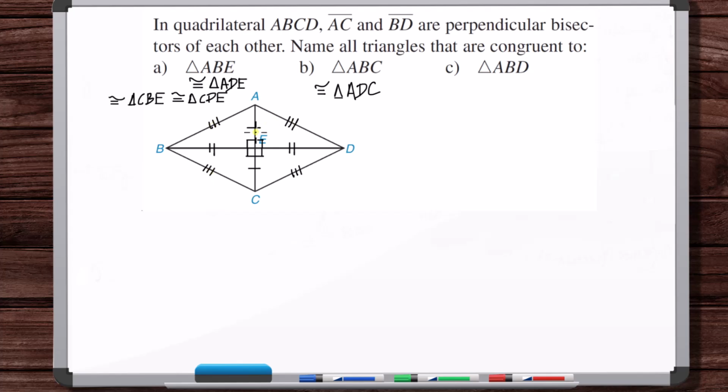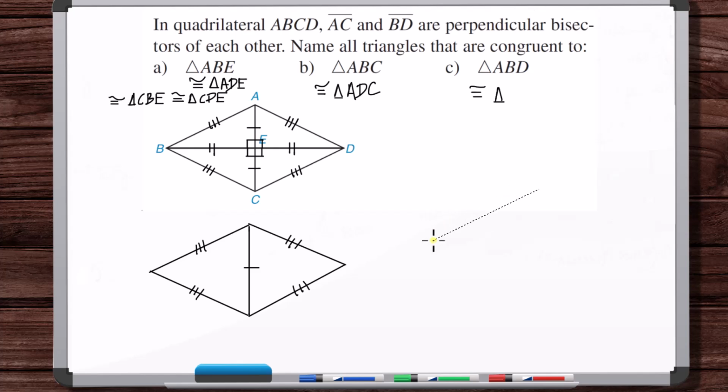These two sides are congruent, and this common side here, so side, side, side. Now triangle ABD is going to be congruent to triangle, let's see, so these sides are congruent.